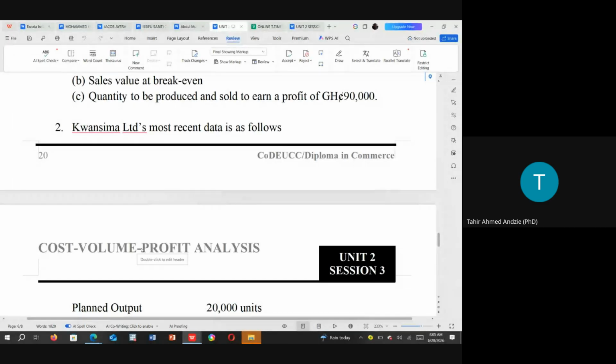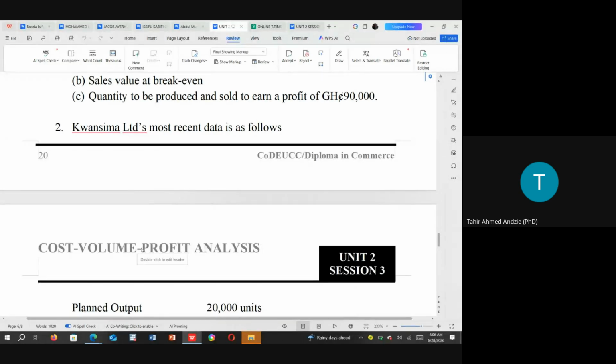Therefore, the total contribution is supposed to be equal to the fixed cost plus the profit. And if you want to determine the units to produce to make that profit, we divide the total contribution by the contribution per unit. So the total contribution here will be the fixed cost plus the target profit. Then you divide by the contribution per unit to get the quantity that if you sell.